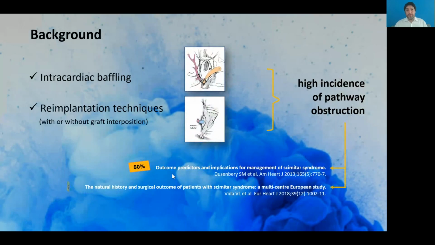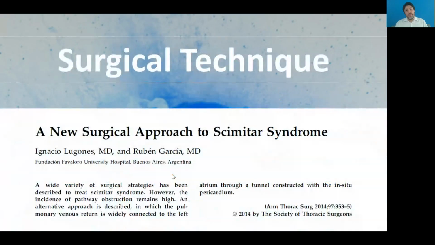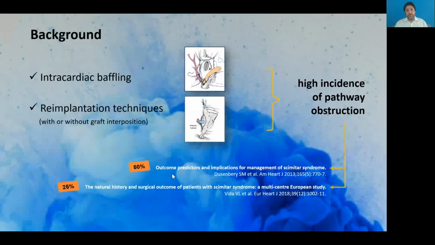As I told you, the two main classical approaches to this entity are, first, the intracardiac baffling, as you can see in the first image, by which you create a tunnel from the orifice of the scimitar vein to an ASD that can be new, or already existing, or you can create it.